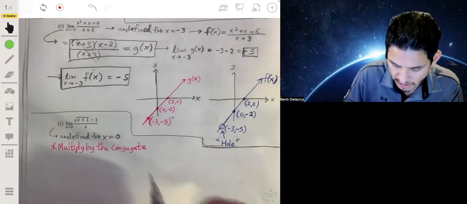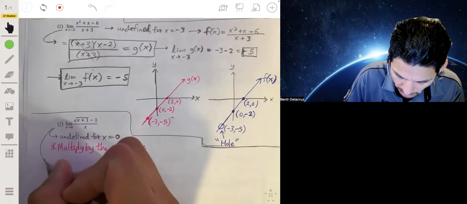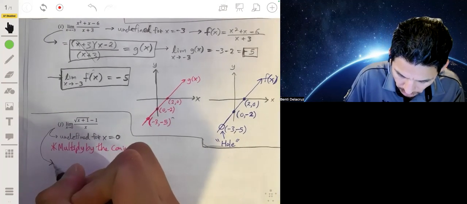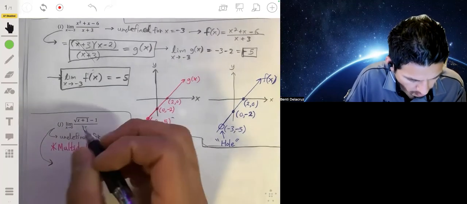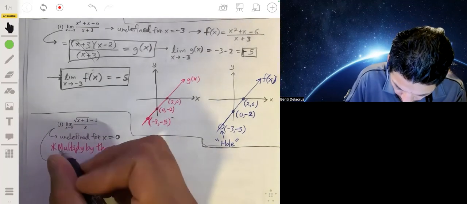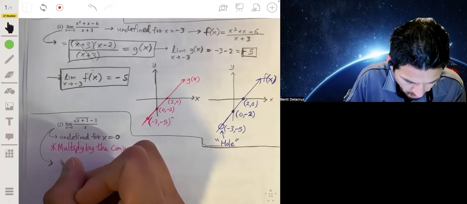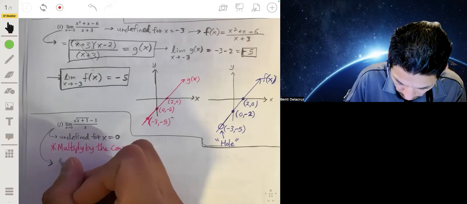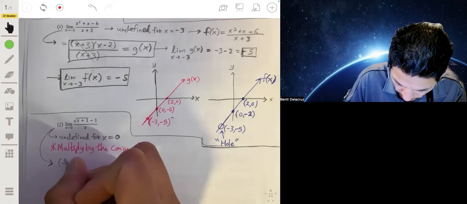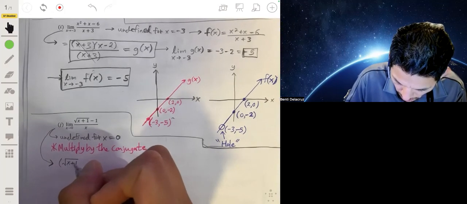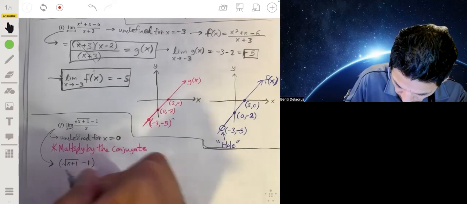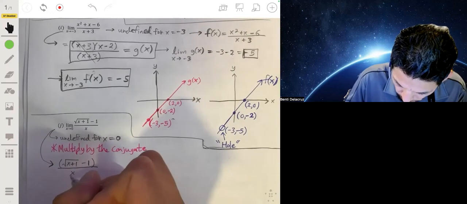So what this means is that we're going to have this expression. Let me do this: the square root of x plus 1 minus 1, over x.